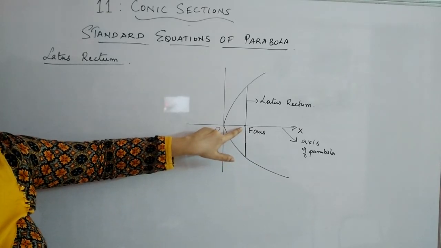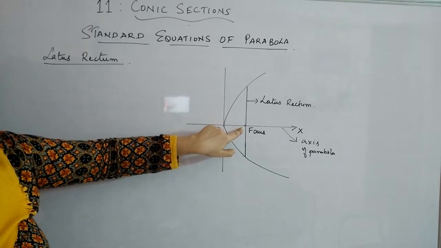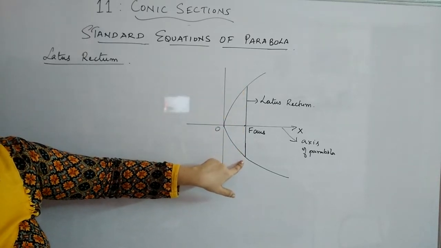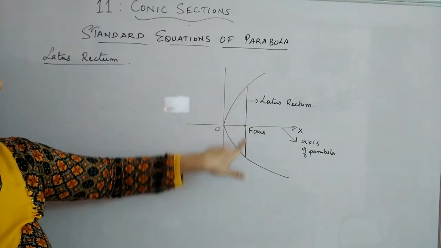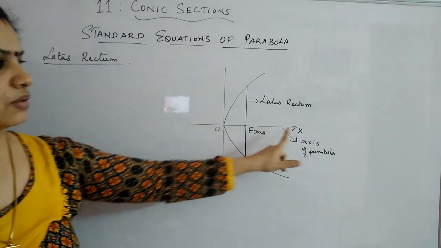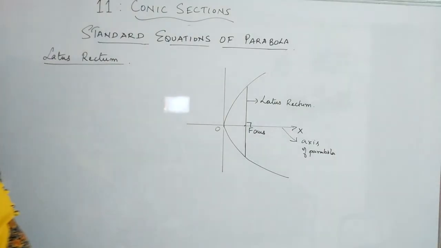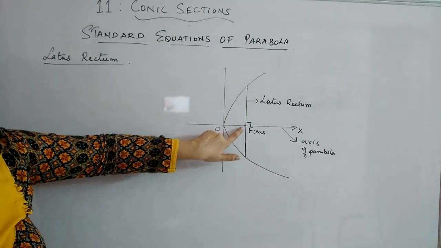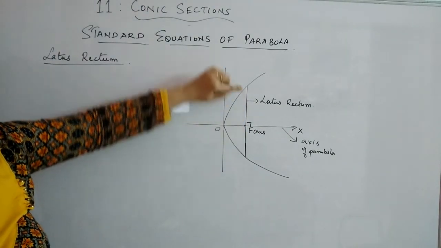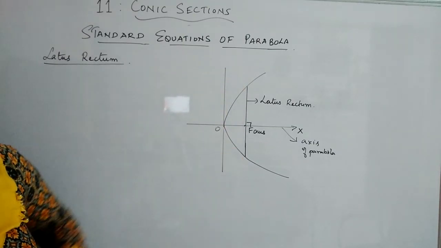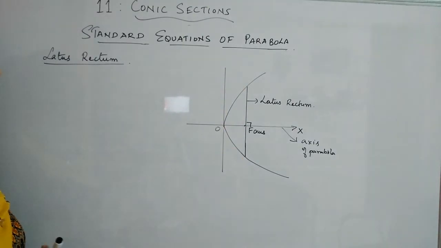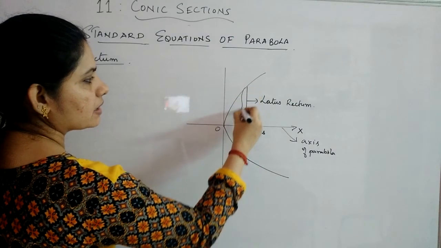It should be passing through the focus, and its endpoints should lie on the parabola. So this is the latus rectum. It is perpendicular to the axis of symmetry, passing through the focus, and its endpoints lie on the parabola. So this will be the length of the latus rectum.